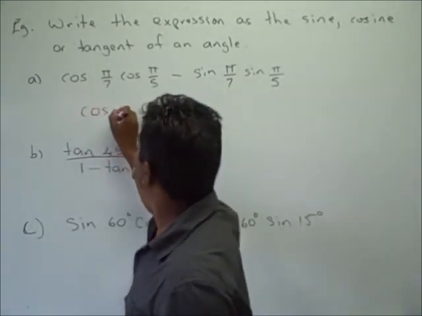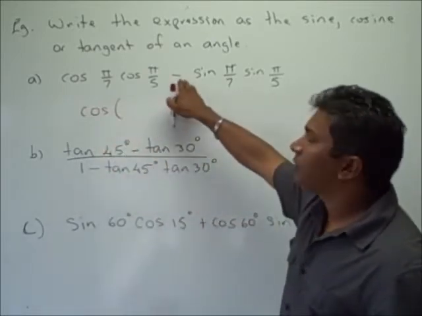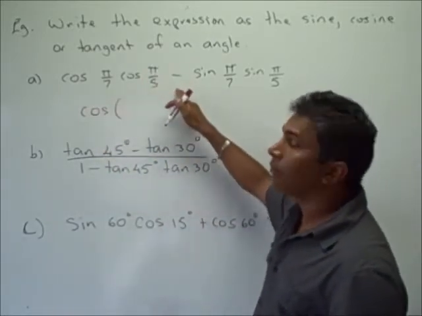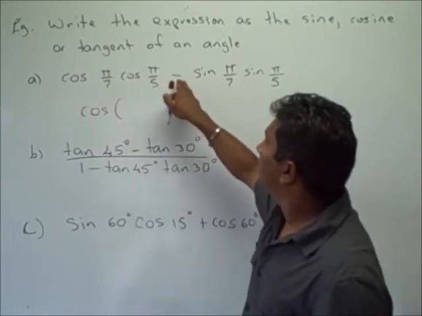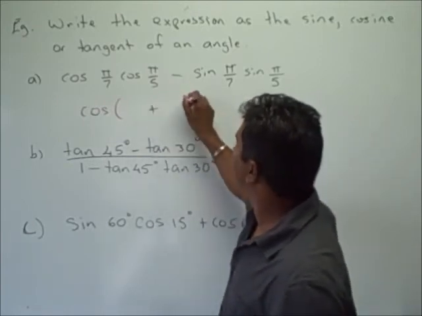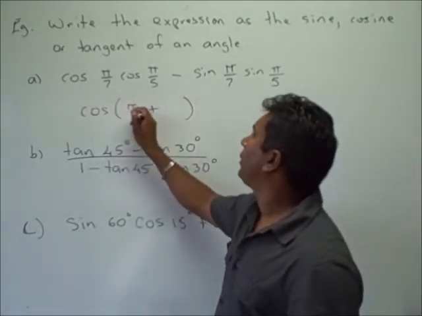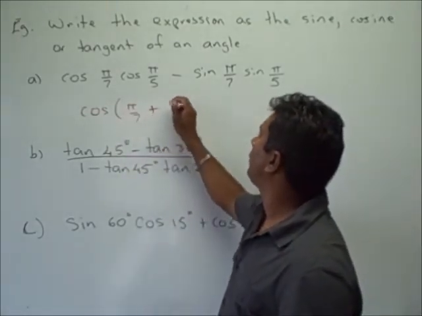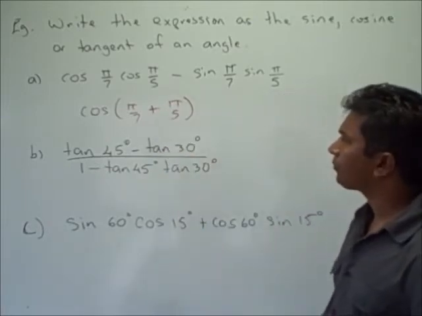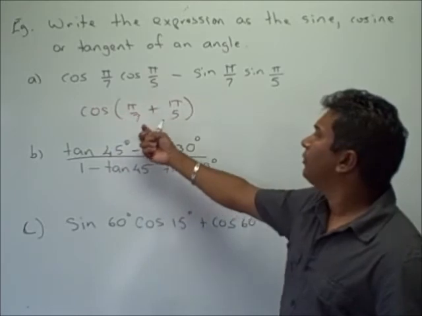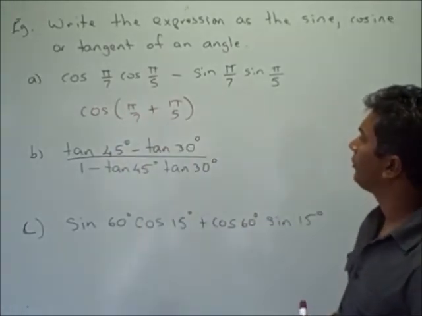So this will be cosine, and since our sign here is negative, we know for the cosine sum and difference, when it's negative here, it's going to be a sum. And our two angles then would be pi over 7 and pi over 5. So all this simplifies to give us a cosine of pi over 7 plus pi over 5.